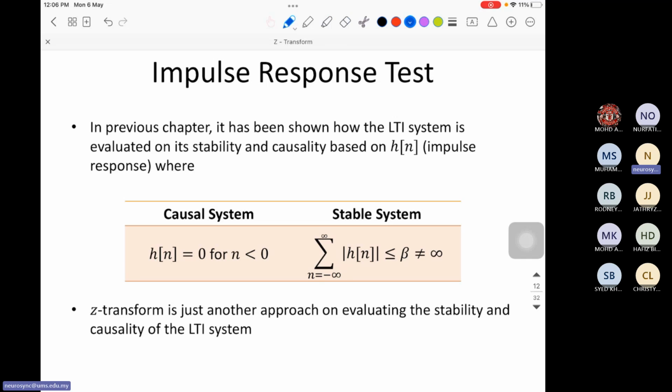So the LTI system is evaluated basically on its stability and causality, and that is based on H of n. H of n is the impulse response of the system. Now, based on this H of n, we can say the system is causal if H of n is equal to 0 for n less than 0.